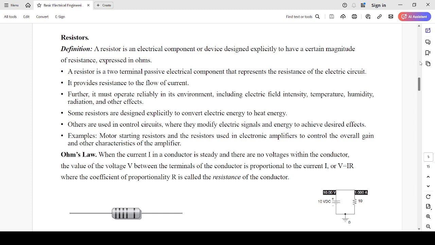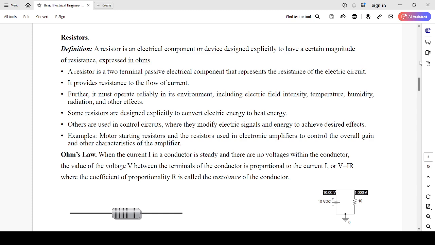In active components, you will find examples such as diodes, transistors, and various types of FETs, whereas in passive components, there are three categories. First one is the resistor, second one is the inductor, and third one is the capacitor. So students, being the first day, let us study the basic discussion of the resistor.